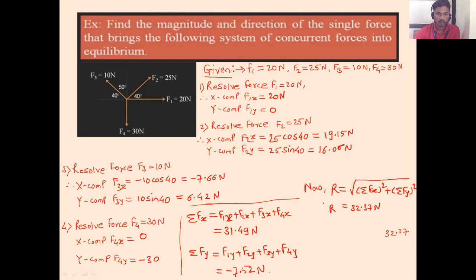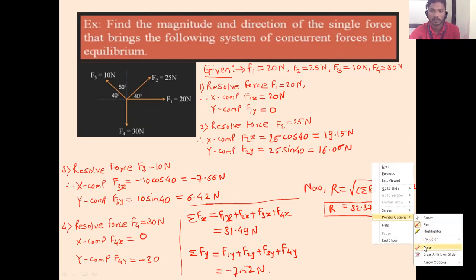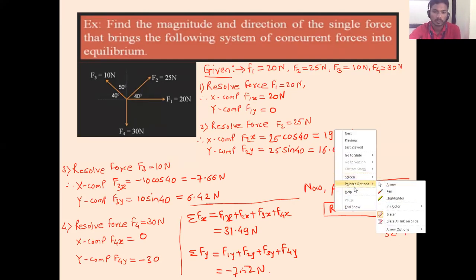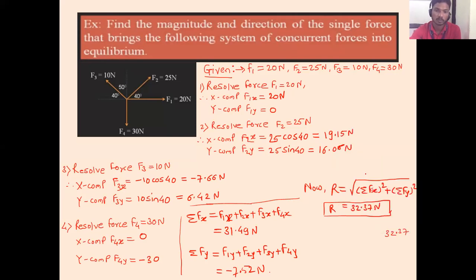Okay. Now here magnitude and direction are also asked. So what is the direction? How are we finding it? Direction theta is equal to... That formula we know, no? Which is that formula?